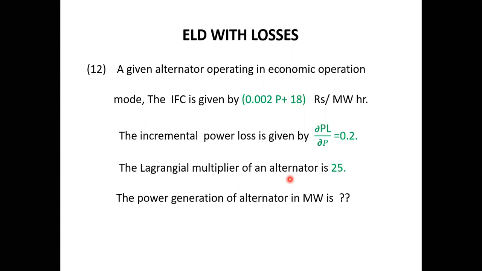Once you understand the problem, then write the given data. After that, by observing the given data, write the corresponding formula. Once the formula is written, then go for substitution. Finally, write the answer with the units.